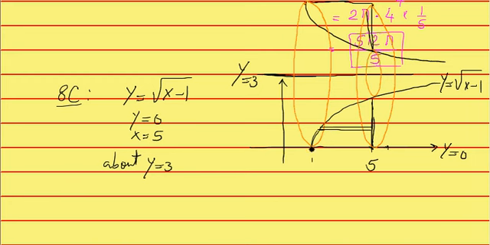So here's the region. This is the region that's turning around y equal to 3 and creating like the exterior of a funnel, and we want to find out the volume.